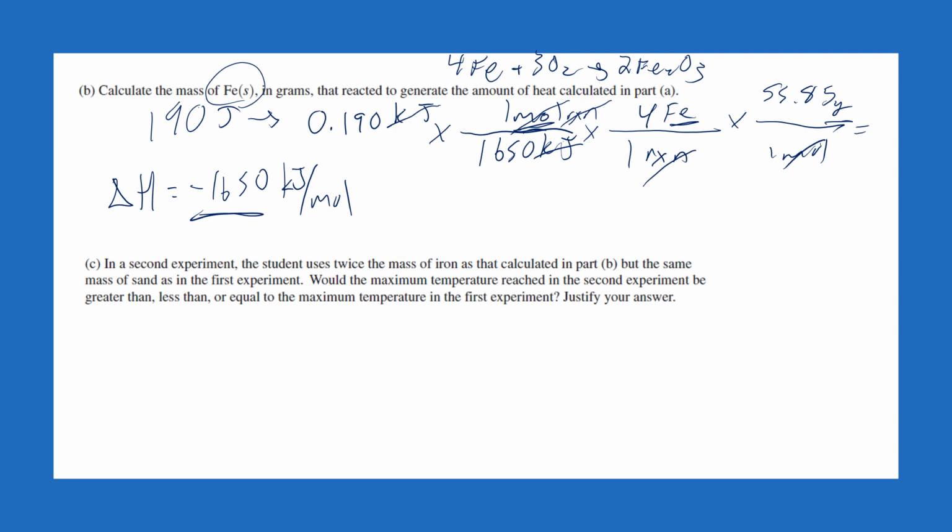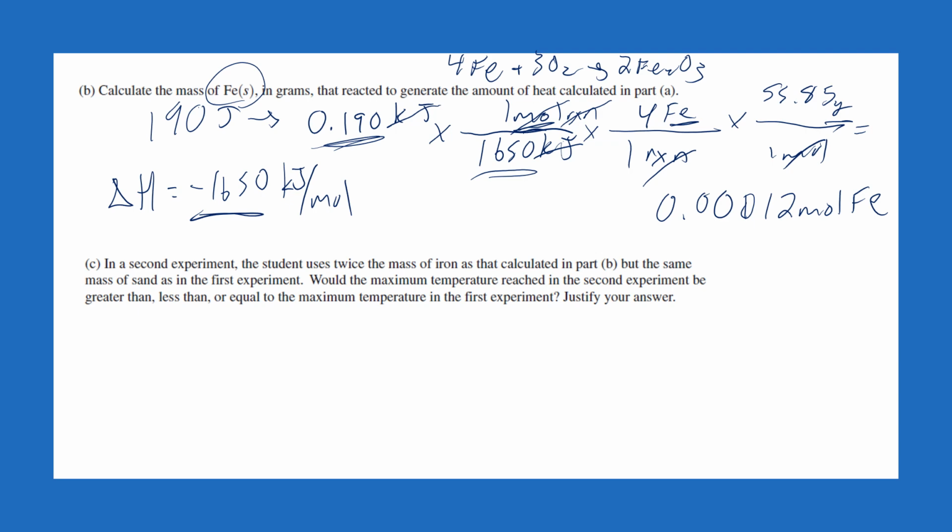And you get a very small number of moles actually, 0.00012 moles of iron. Which makes sense because this number is very small in comparison to the heat of reaction.